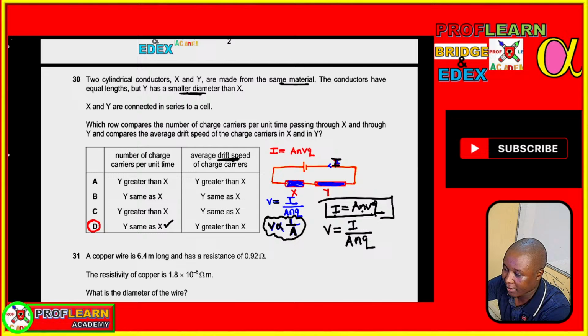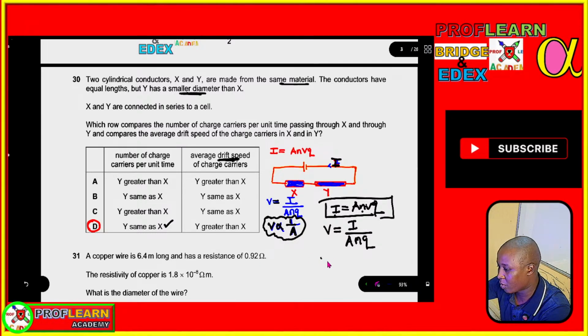So the only part we have here now is that v is inversely proportional to cross-section area. What does that mean? If the area is large, the drift velocity is going to be small.